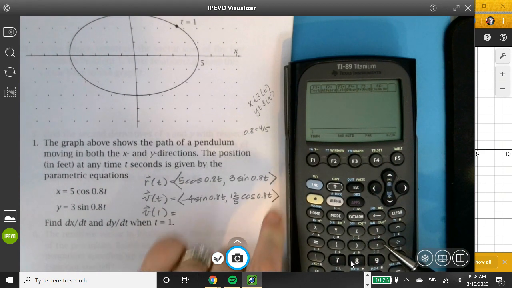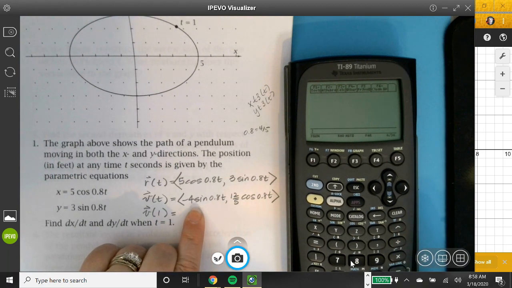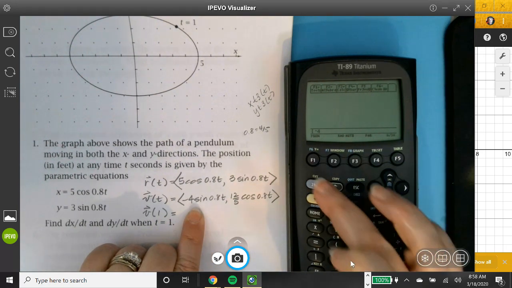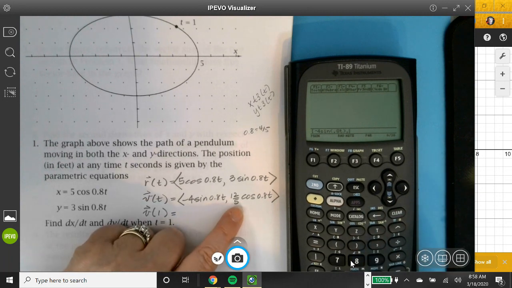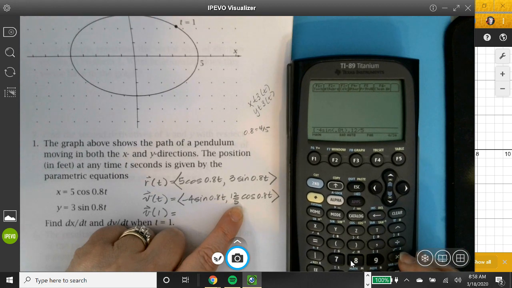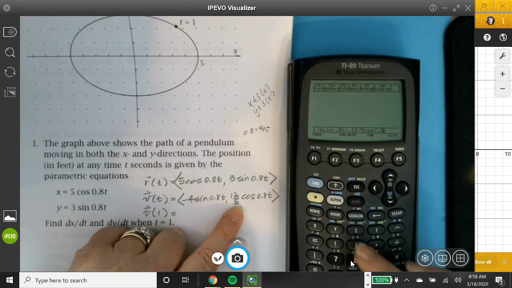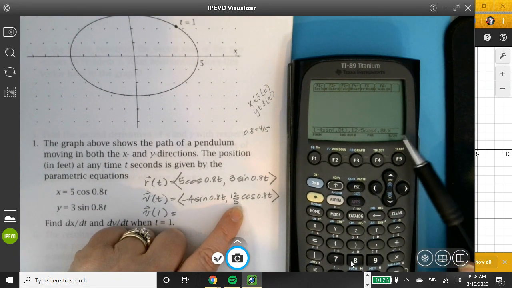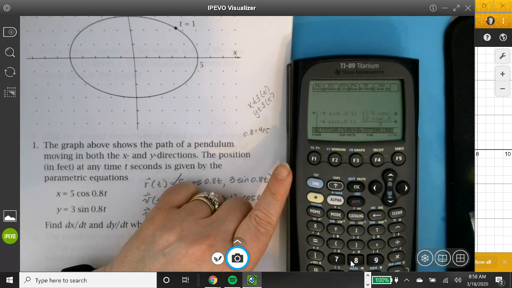So we're going to do that, and then we're going to type in -4 second sine 0.8t, because that's the first component, comma, the second component, which is 12 divided by 5, second cosine of 0.8t. I hesitated there for a minute because you know the cosine is always the x, but not in this case. All right, so I'm going to close my brackets by going second divide. And there it is. So there's my vector.